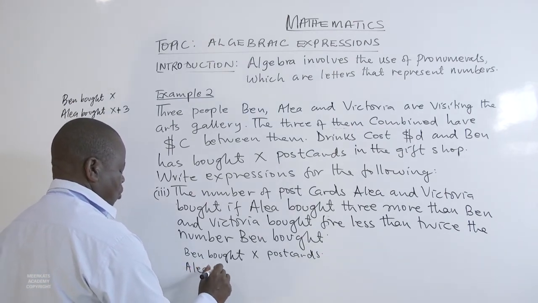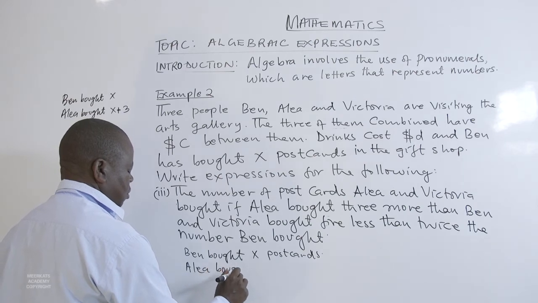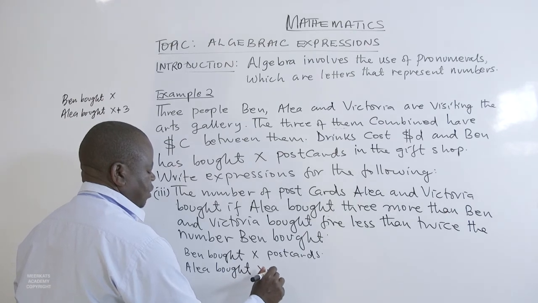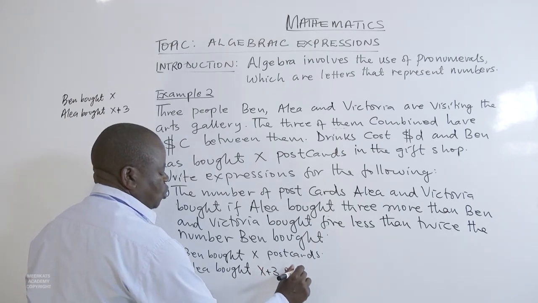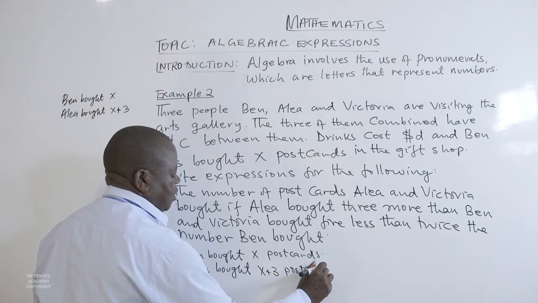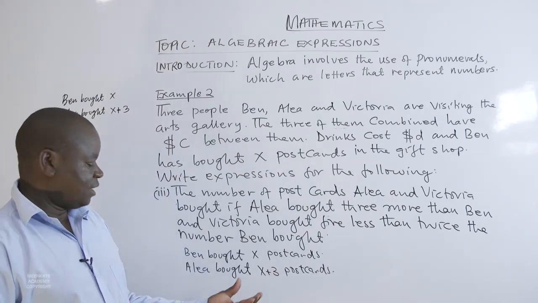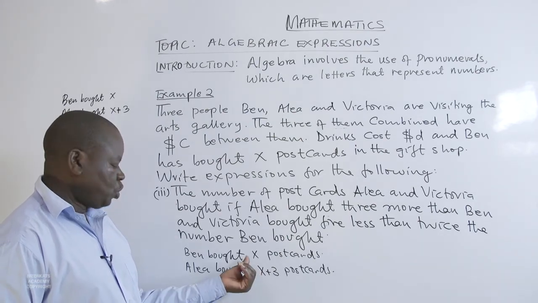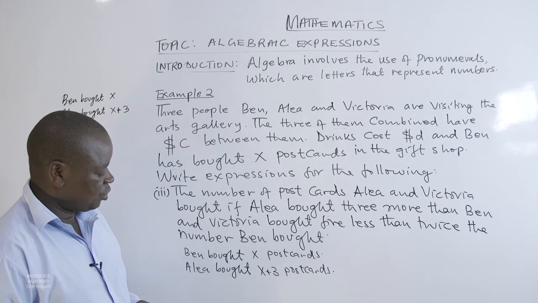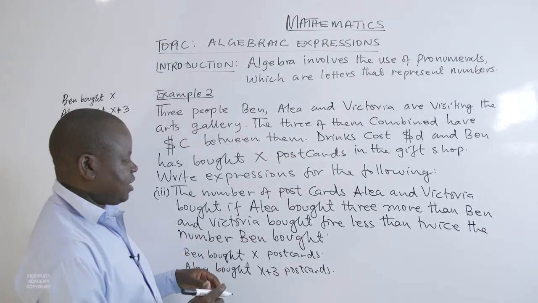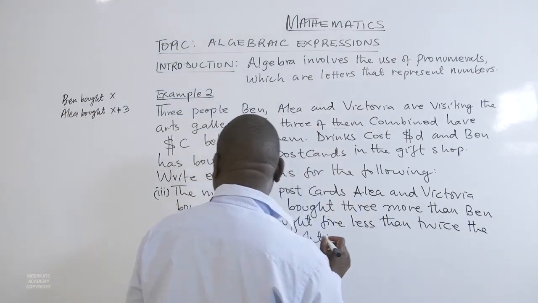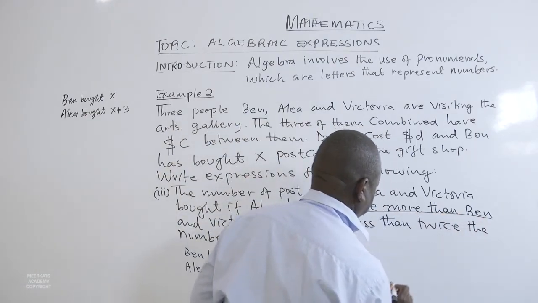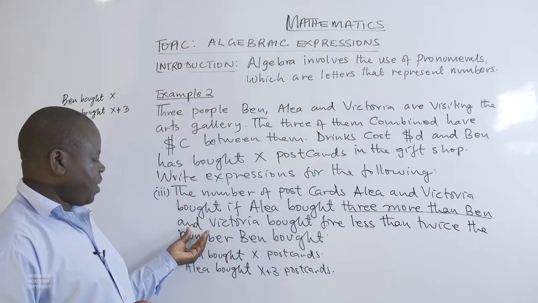Alea bought X plus 3 postcards. So you can see Alea bought 3 more. What Ben bought, Alea added 3. That is up to this statement here, 3 more than Ben. That is for Alea. We come to this part.